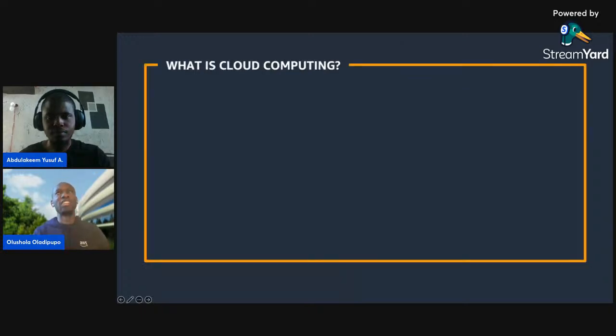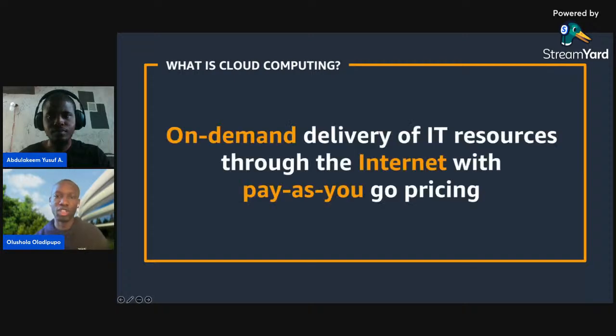So having said that, let's dive deep a bit and speak about, what is cloud computing? What is it all about, right? Like I have here, cloud computing is an on-demand delivery of IT resources, such as your servers, your storage, your network, your database, and all your IT resources via the internet with a pay-as-you-go pricing model.